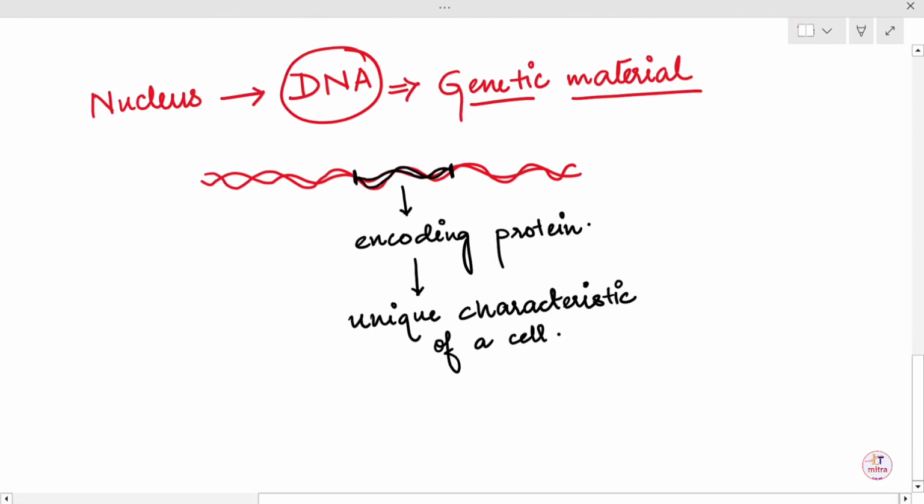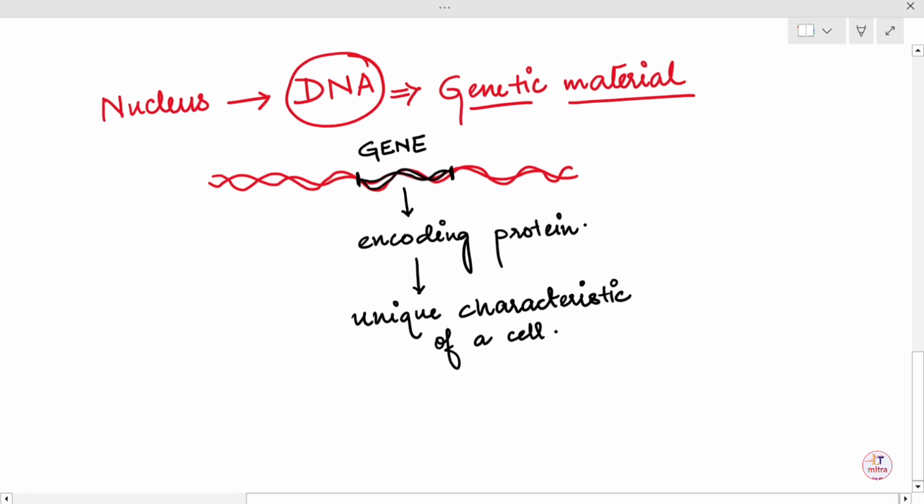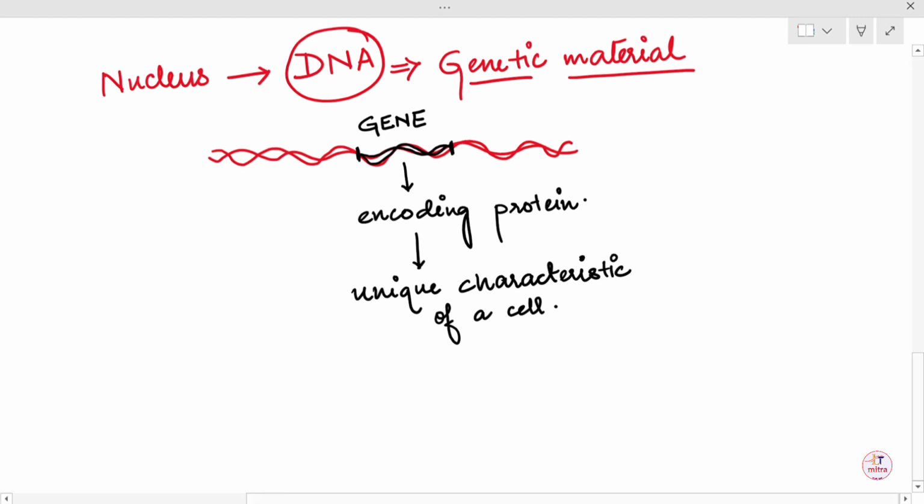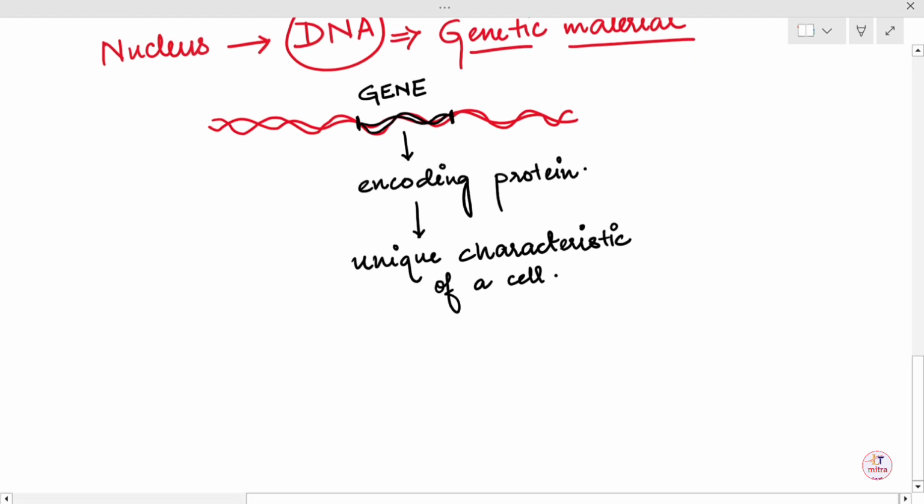So this particular part is known as a gene. By this, we can say that the specific part of the DNA which encodes for a protein and which is responsible for the unique characteristic of a cell is known as the gene.